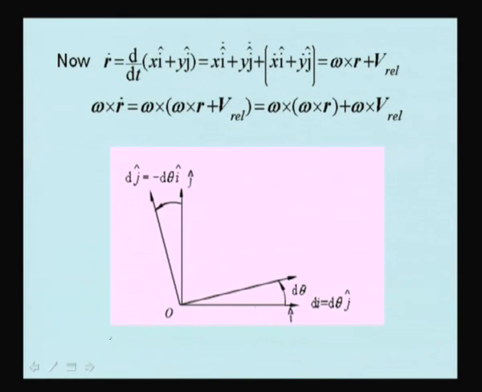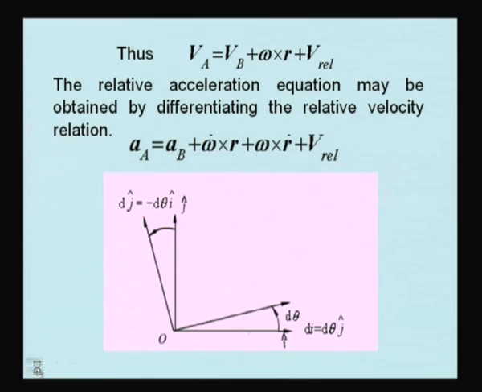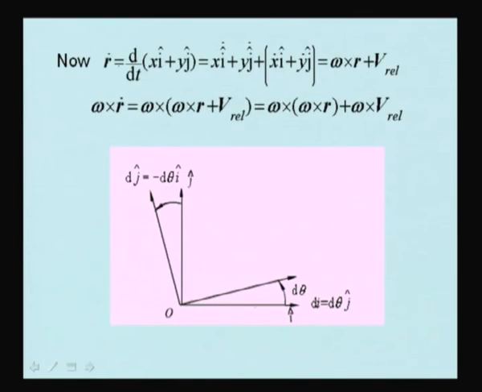Now, in this previous expression we got a term r dot. Let us see what r dot is. r dot is d by dt of (xi plus yj), which can be written as x i dot plus y j dot plus x dot i plus y dot j, which can be written as omega cross r plus V rel.